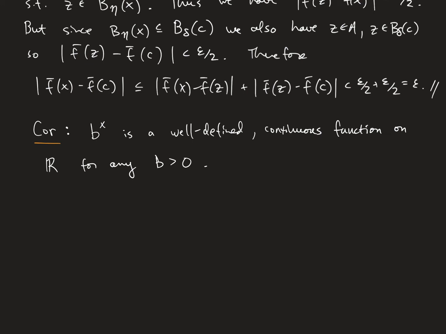Okay, so this is one way to define the exponential function as a real function defined on the whole real line. There are other ways to define b to the x. The other way is to first define e to the x via power series, and then you can define b to the x in terms of that e to the x.